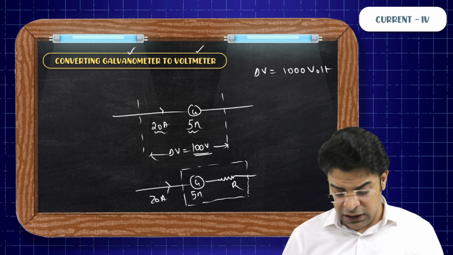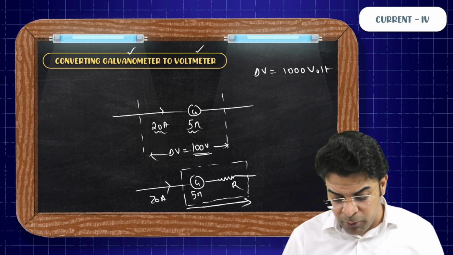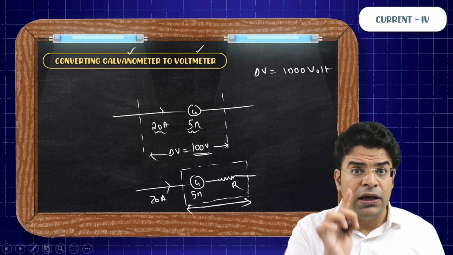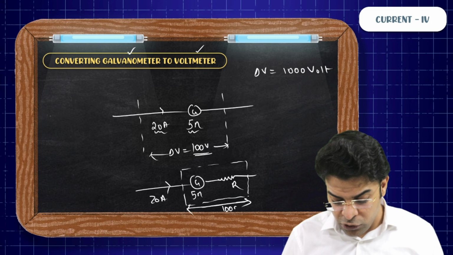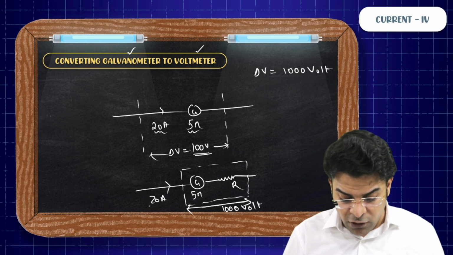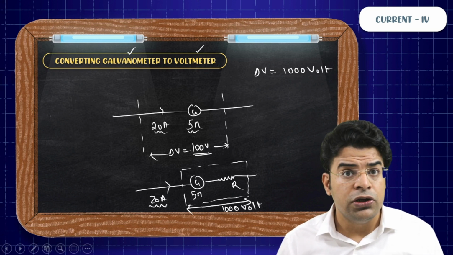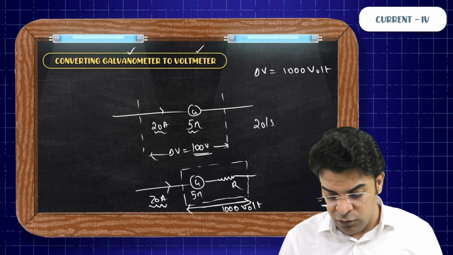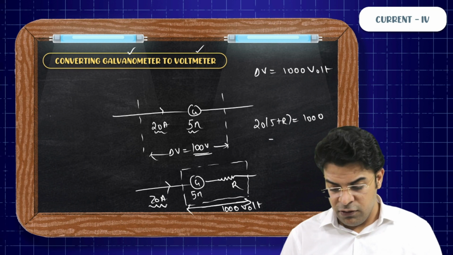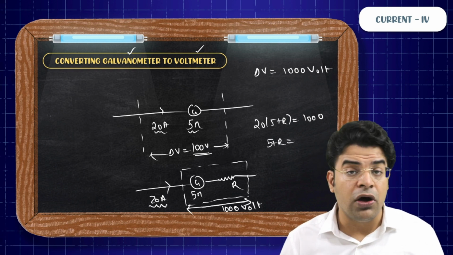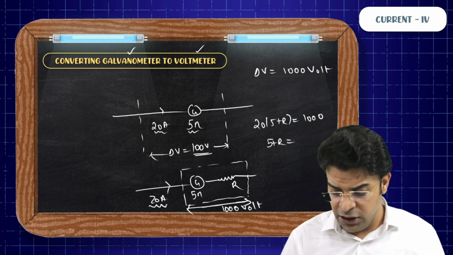And we will say the potential drop across this combination of galvanometer and series resistance should be equals to 1000 volt when a current of 20 ampere flows. So we will say 20 into 5 plus R should be equals to 1000, or 5 plus R has to be equals to 1000 by 20, and 1000 by 20 gives you 50.